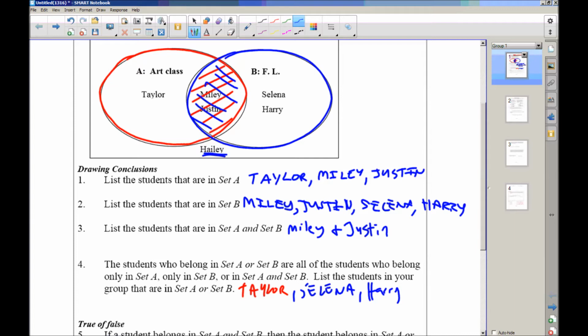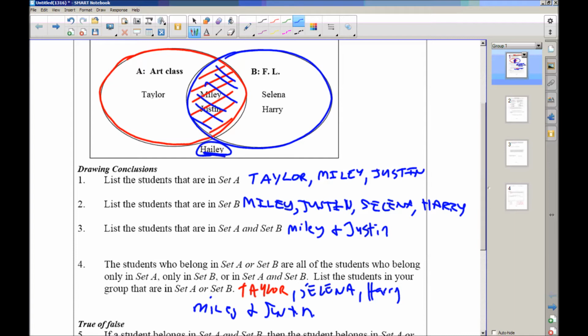So or is anybody who answered yes to either question. This is almost everybody. Who's the one person who's not in one of these sets, the set A or set B? Well, that's Haley. Haley answered no to both questions, so she is not in either set.